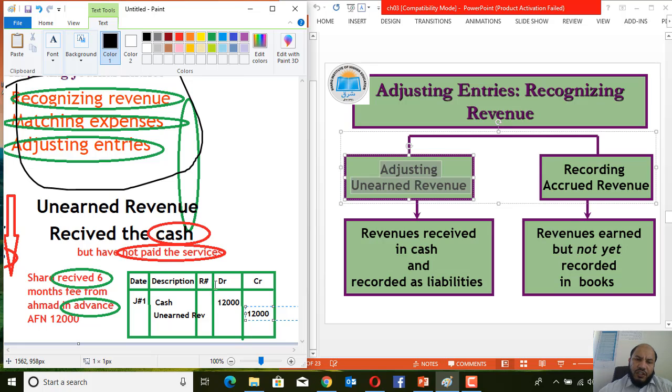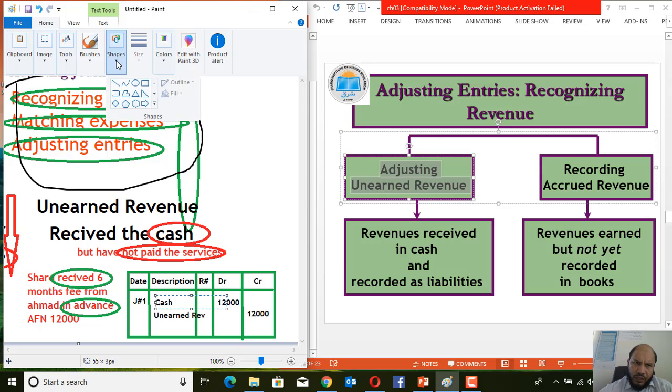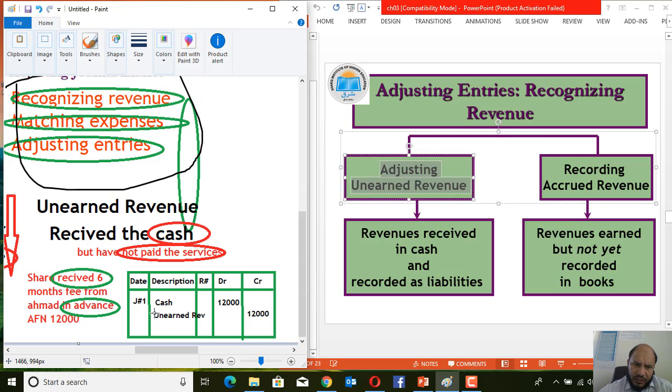So dear students, see, you have recorded this. This is where we received the cash, but on the other side we have another thing, which is called liabilities.